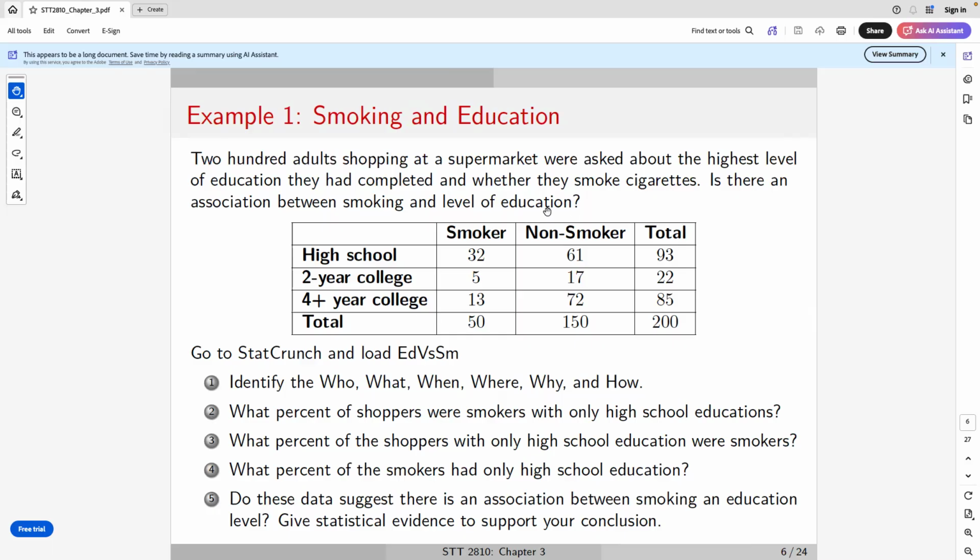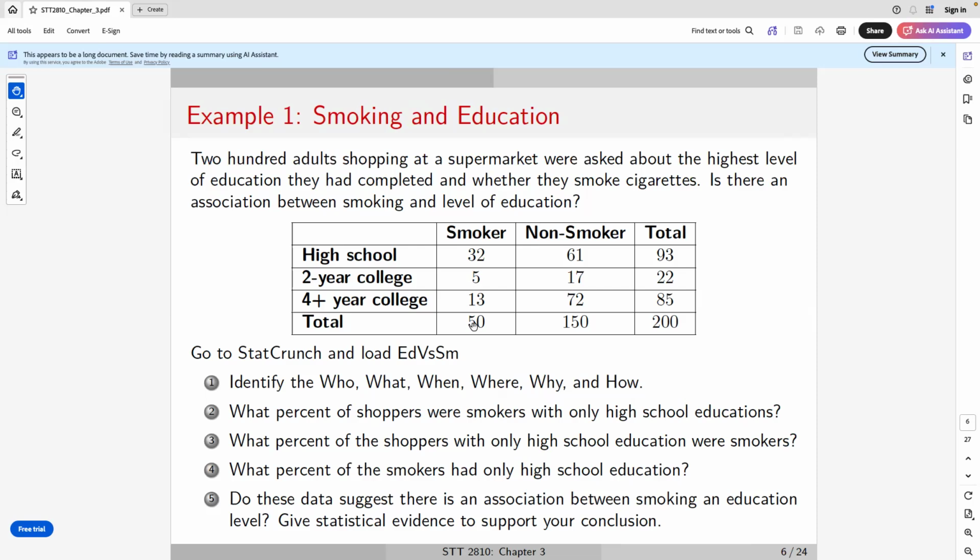So for smoking status, we have either you are a smoker or a non-smoker. Is that okay? So how many smokers in total do we have? You all agree the number of smokers is 50? You can see from here.